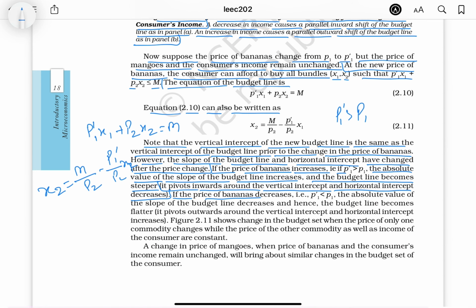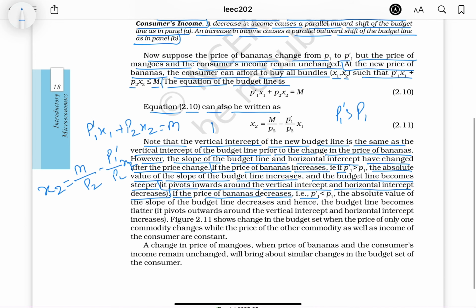If the price of bananas decreases, that is p1 dash is smaller than p1, the absolute value of the slope of the budget line decreases and hence the budget line becomes flatter. Flatter means it becomes flat. It pivots outwards around the vertical intercept and the horizontal intercept increases.